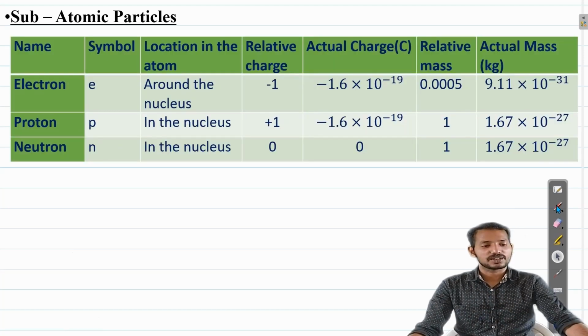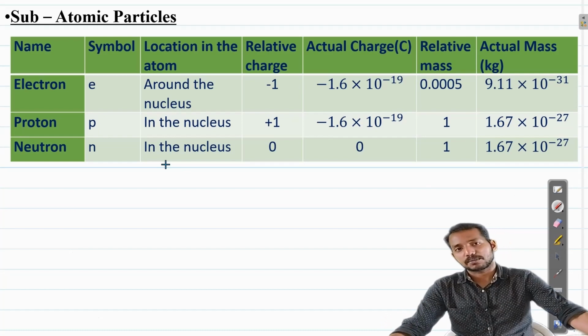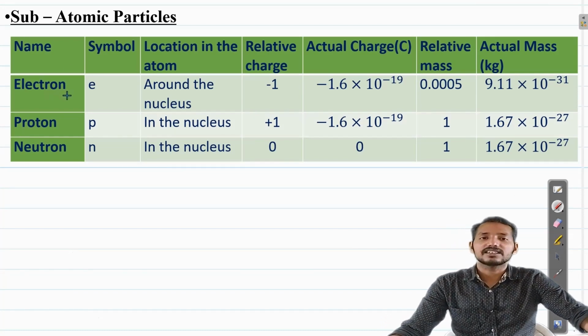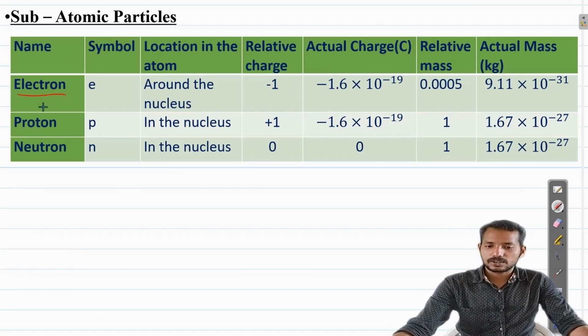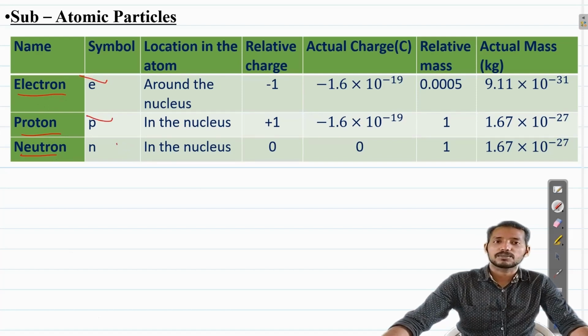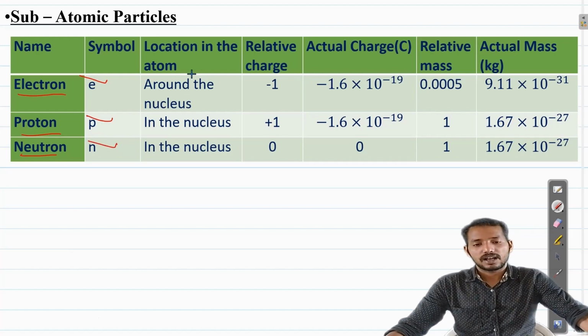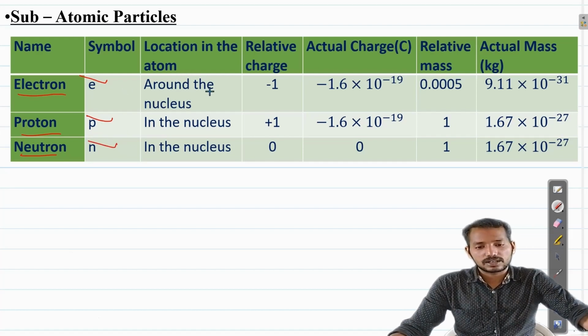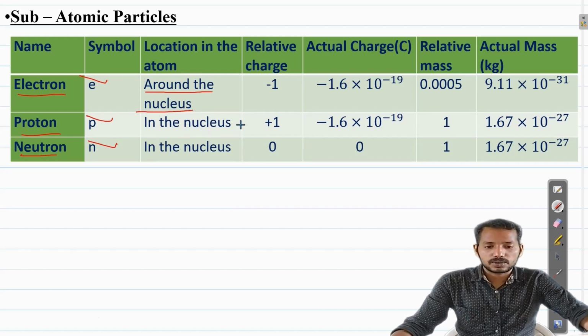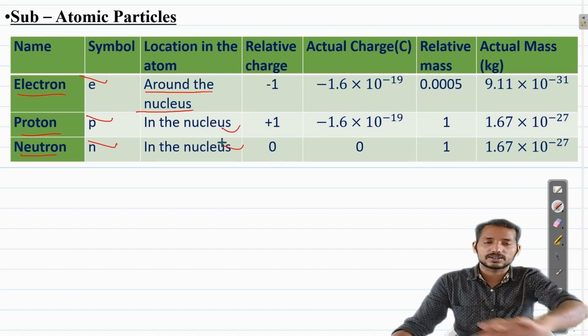So there are a total of 3 kinds of subatomic particles present in the atom: electron, proton and neutron. Electron is represented by e, proton by p, and neutron by n. Electron is located around the nucleus, while proton and neutron are both inside the nucleus.